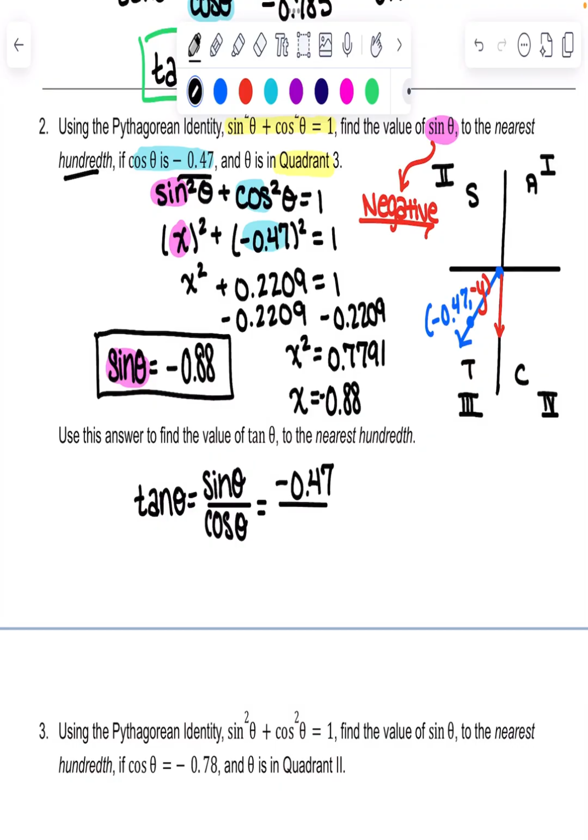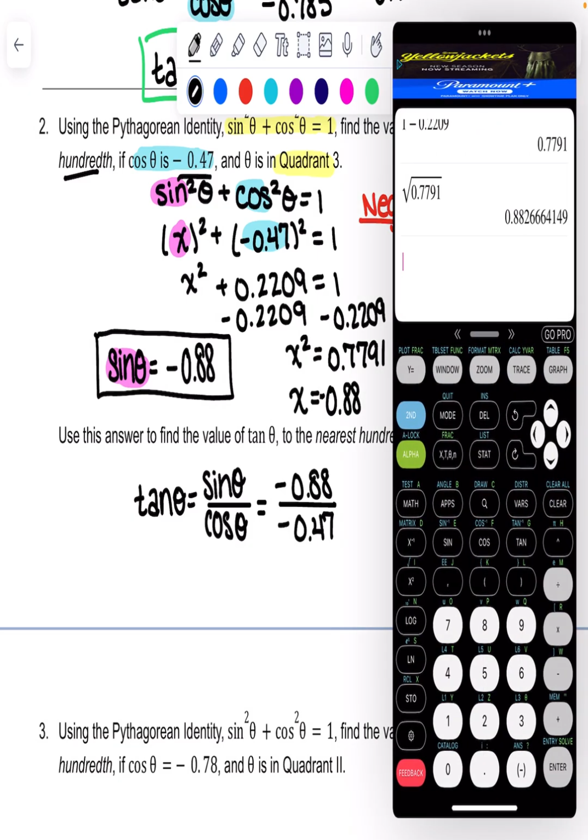My bad, that goes on the bottom. Sorry guys. Negative 0.47, and sine we found. It's negative 0.88. So now if we plug that in, tangent equals negative 0.88 divided by negative 0.47.